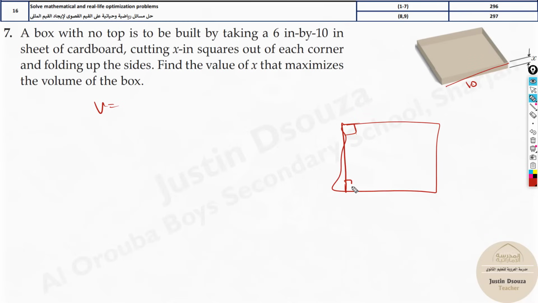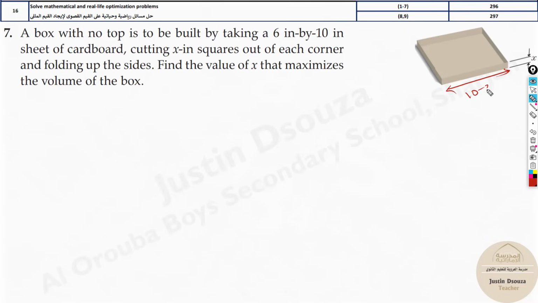This is a very bad drawing, but a square of x is removed at each corner, x, x, x. So if this length was originally 10, 2x is removed. It will be minus 2x. This length will be 10 minus 2x. So we write this dimension as 10 minus 2x because 2x is removed, and here also it will be 6 minus 2x.